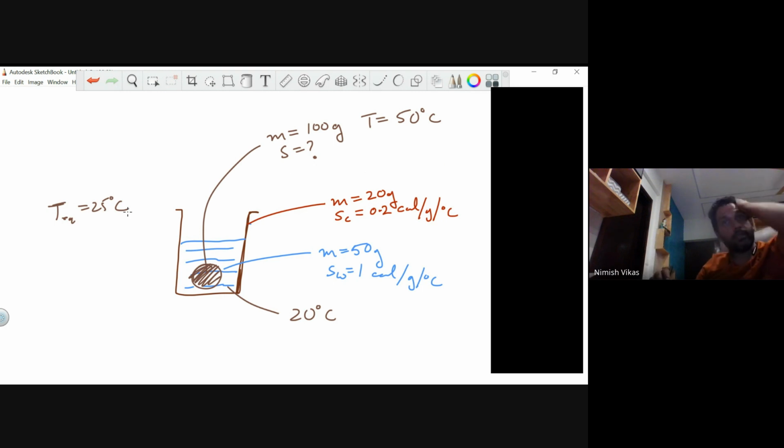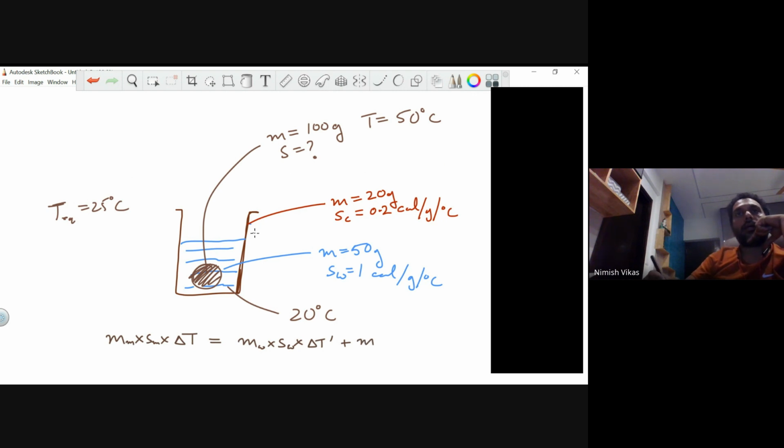Now propose me an equation very fast. Since the time is almost up, I'll tell you. Heat lost by the metal, which is mass of the metal into S of the metal into change of temperature of the metal, must be equal to heat gained by the water, S of the water into change of temperature of water, plus heat gained by the container also.